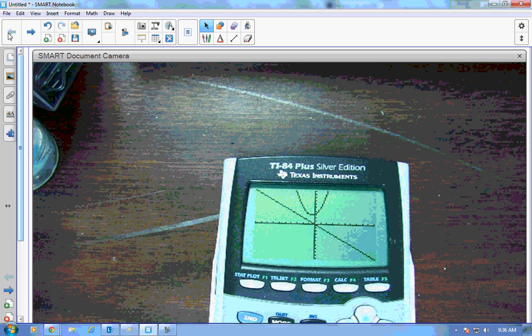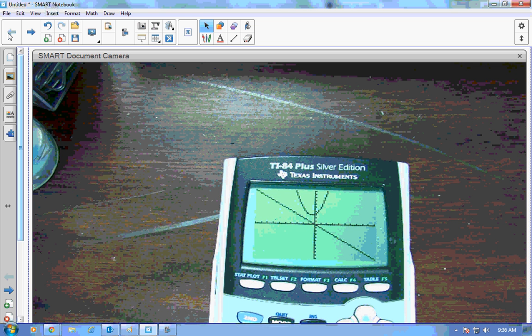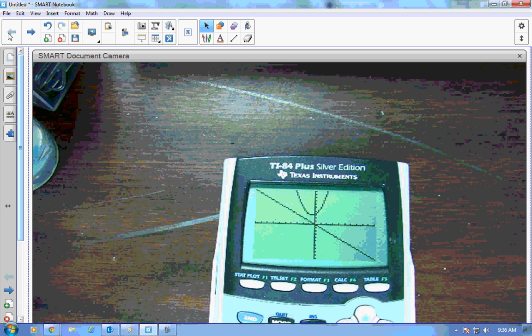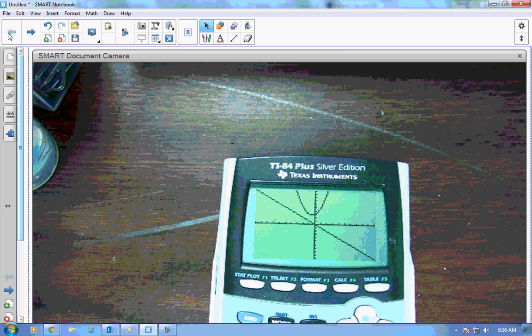Sometimes if your plots are on, it won't graph. Did you actually use the negative sign, or did you use the minus sign? I think you used the minus sign, because when I changed it to the negative sign, it worked. Oh, you have something weird down here in the hidden functions.